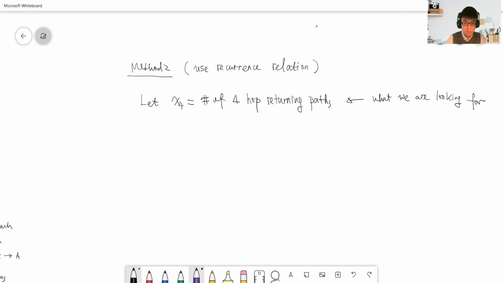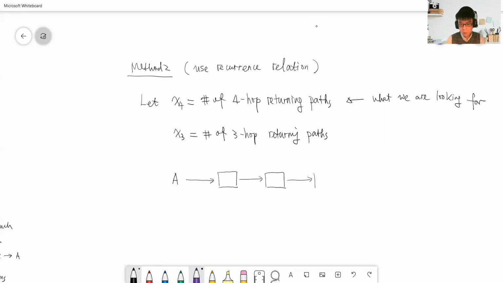And similarly, we can define x3, that is the number of 3-hop returning passes. Let's consider their relations. For valid 4-hop passes, or 4-hop returning passes, like this picture, we have the following claim.